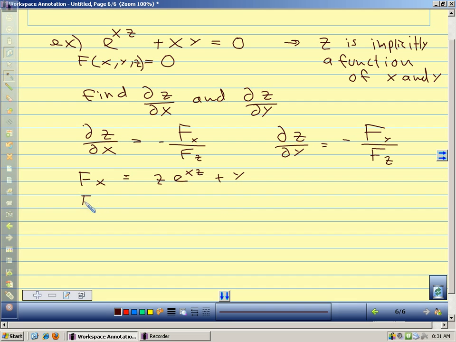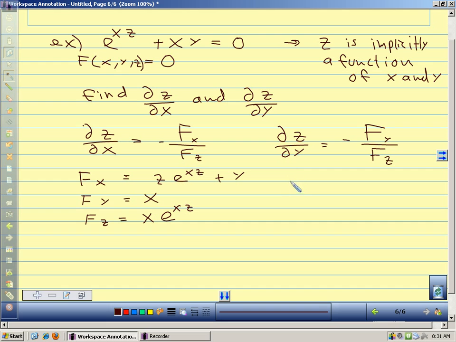F sub y, partial with respect to y, is just x. The partial with respect to z is just going to be x e to the xz. So now I have all the pieces that I need for this.